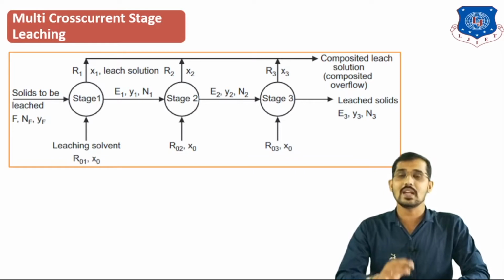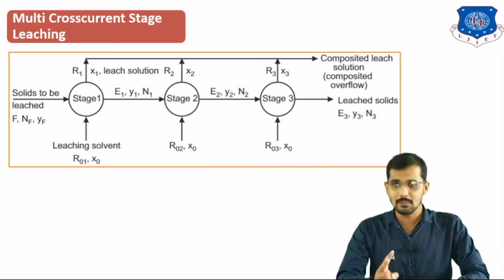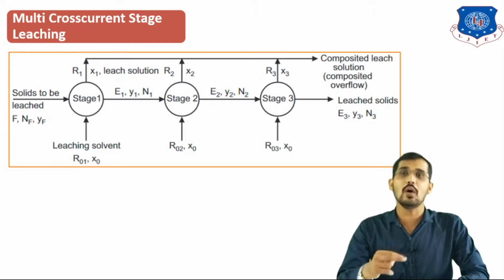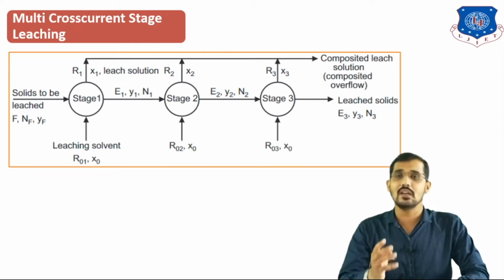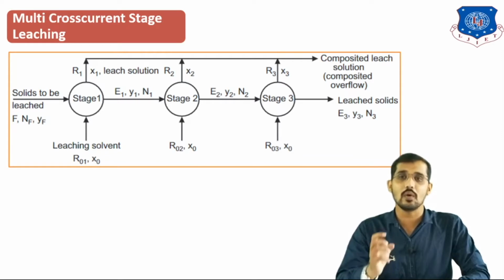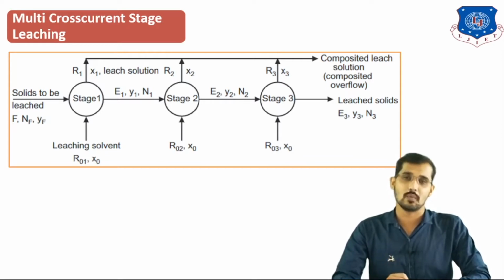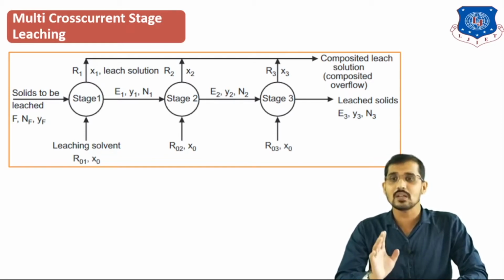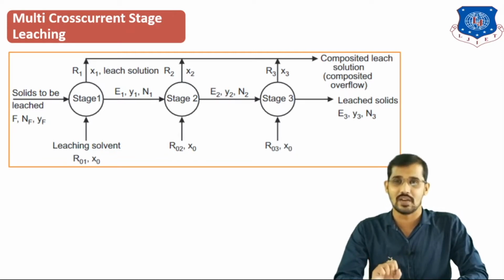I told you in the last lecture as well, in the leaching process we have two feed streams, that is the solid to be leached and the extracting solvent. After the leaching process, we get two outlet streams. The first one is the leach solution, that is the overflow, and the second one is the underflow. In this figure, for the first stage, we are using fresh feed, that is the solid to be leached, and fresh leaching solvent.